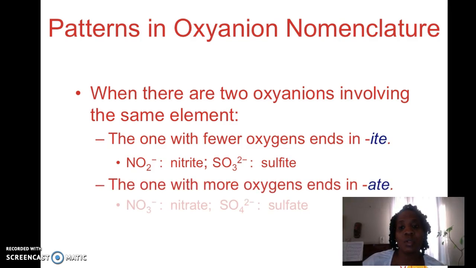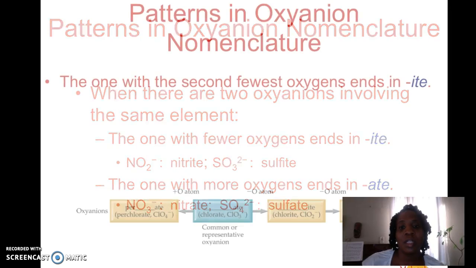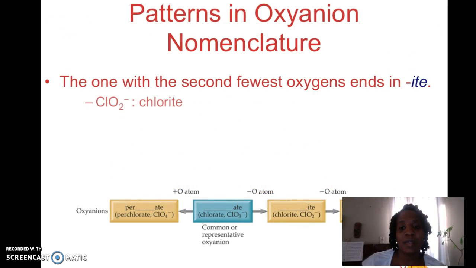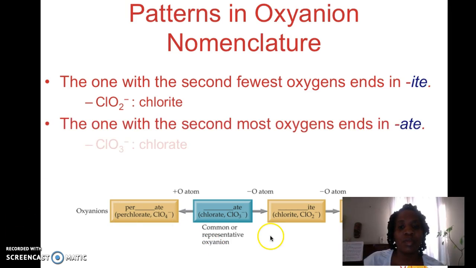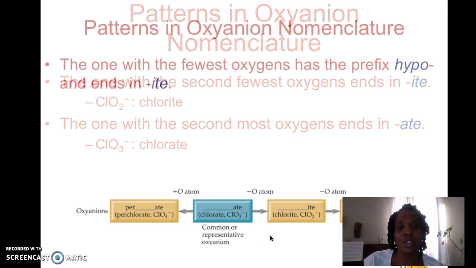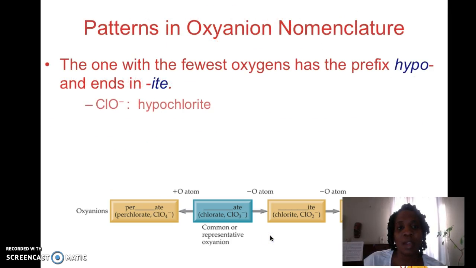If it has one more oxygen, then it's "ate," and if it has one more than "ate," it becomes "per," and then "ate" at the end. If it has one less, it becomes "hypo," and then "ite" at the end. So it's a pretty easy pattern to see after some time and familiarity.